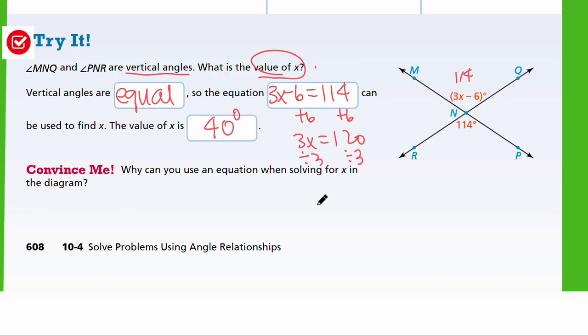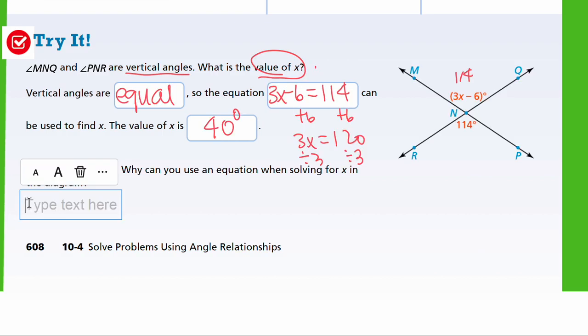Convince me, why can you use an equation when solving for x in the diagram? Because this is written as an expression and we know vertical angles are the same, right? So we can set up an equation to solve for the missing variable x. Simple. So let's write that in words.